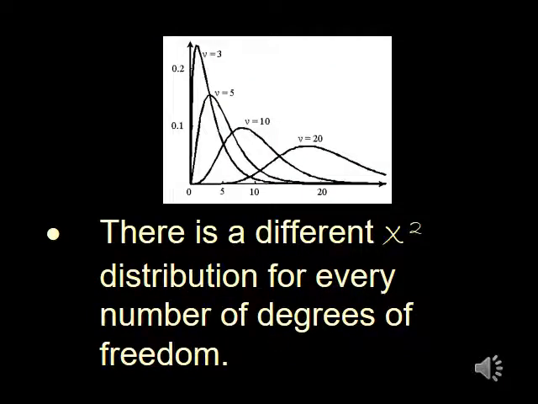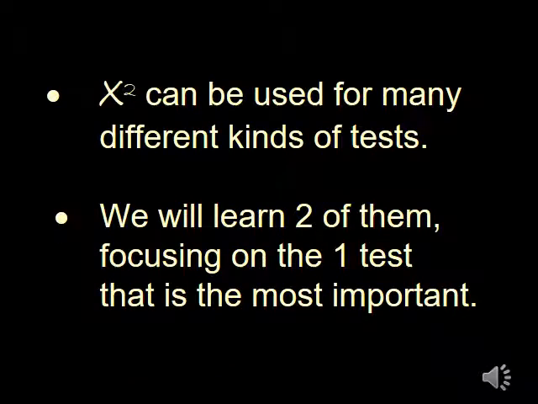Here it says that there's a different chi-square distribution for every number of degrees of freedom. Later on, when we talk about doing the actual tests, I'll talk more about what that is. But basically, it means the more things you have in your sample, the different the distribution of chi-square is going to be.